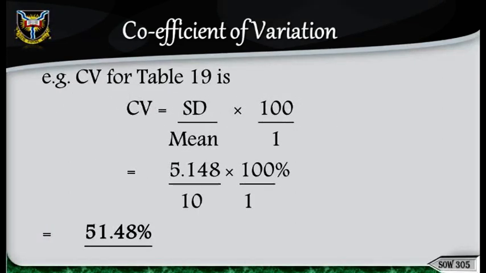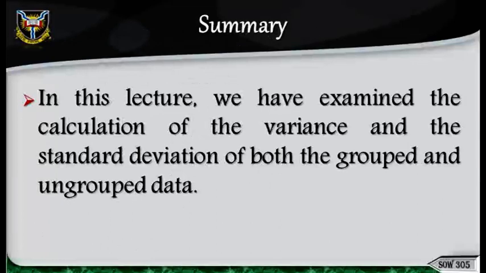For example, CV for table 19 is CV equals SD divided by mean times 100%, which is equal to 5.148 divided by 10 times 100%, is equal to 51.48%.